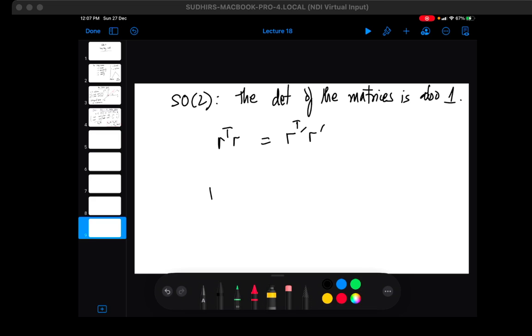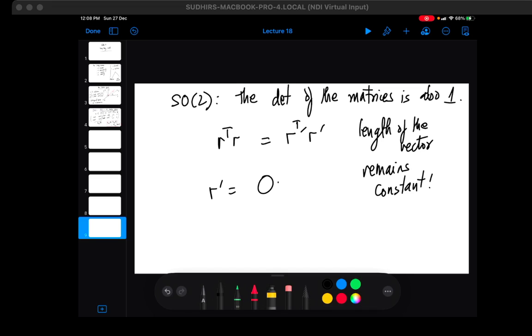So if r prime is equal to O r, some operation O is some symmetry operator. This symmetry operator preserves the length of the vector.